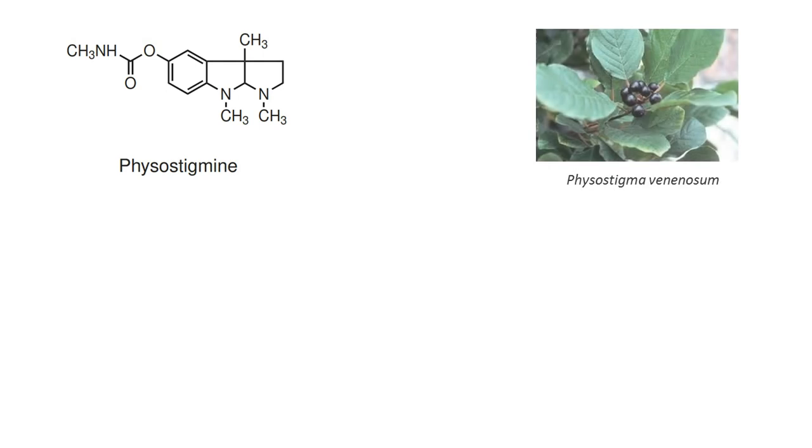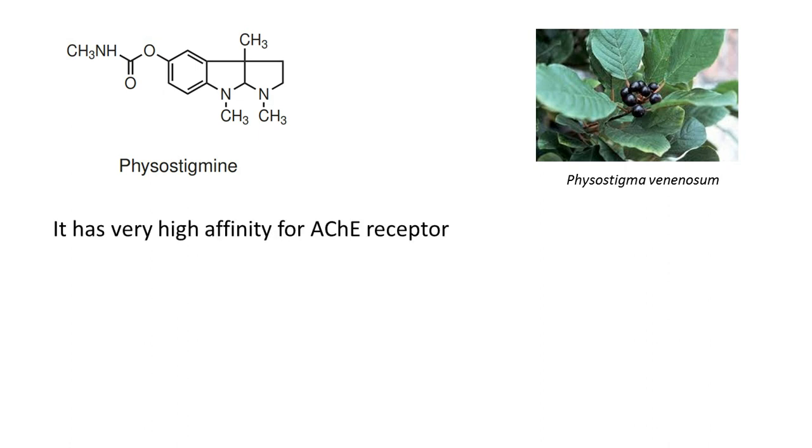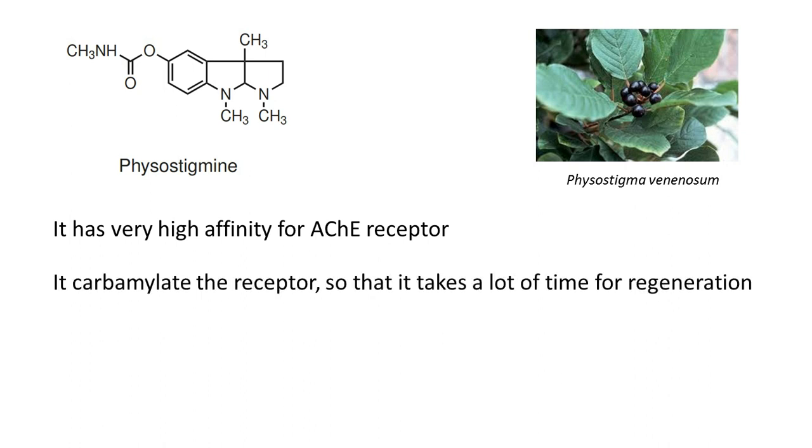Physostigmine is isolated from the seeds of Physostigma venenosum, a poisonous plant. It has very high affinity for the acetylcholinesterase enzyme receptor, and it will carbamylate the receptor so that it takes a lot of time for regeneration.